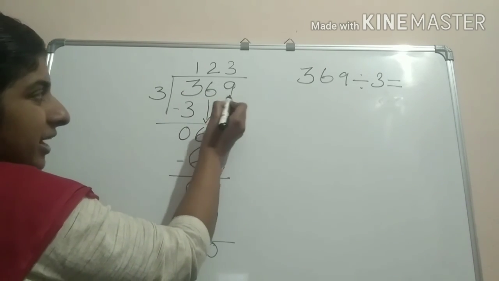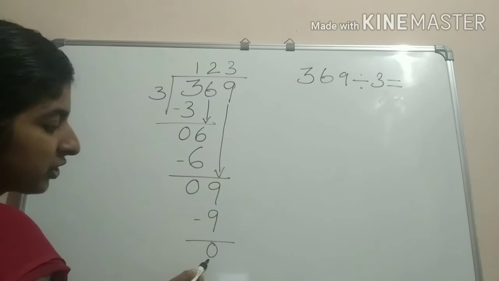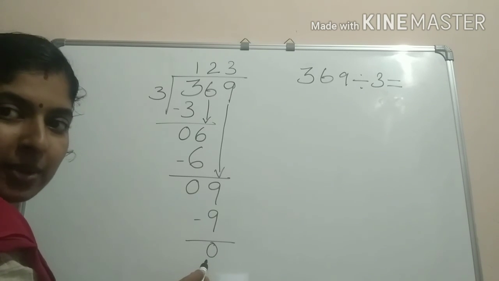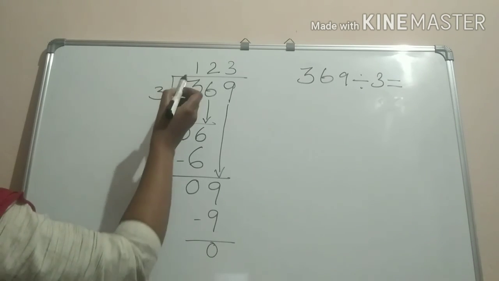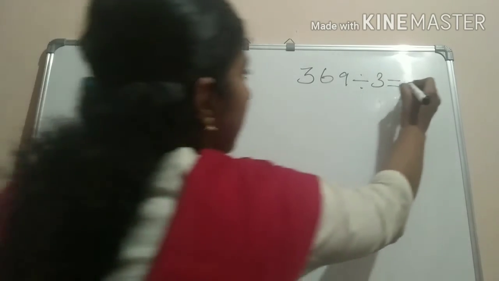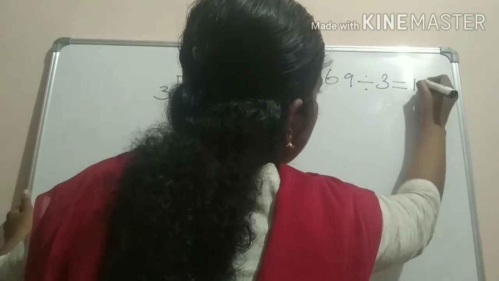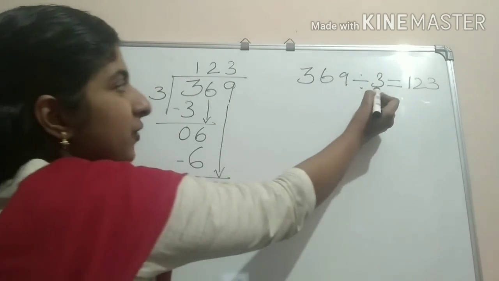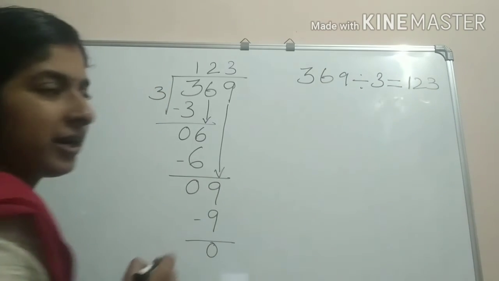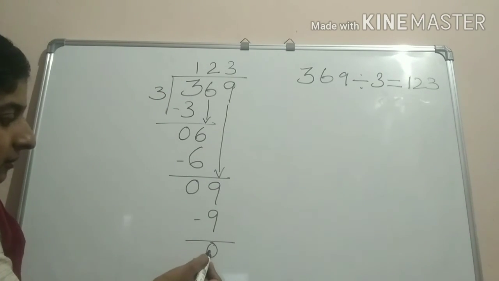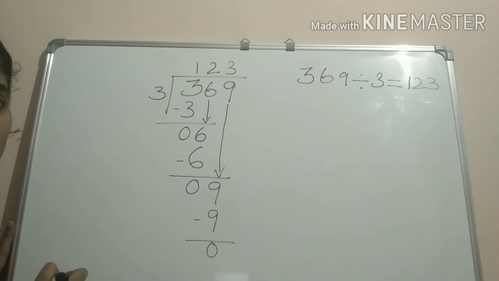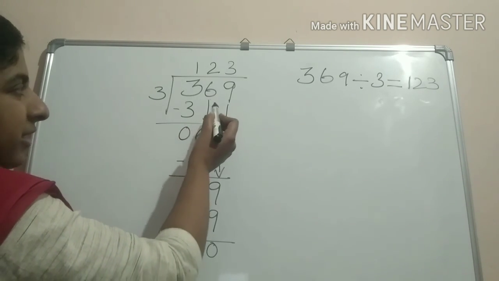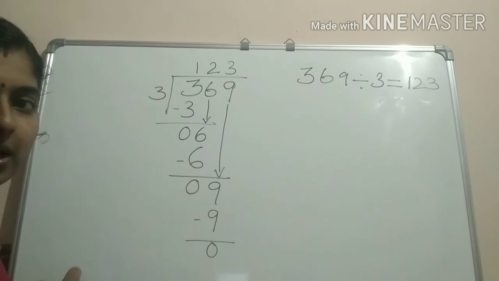So, without regrouping and without a remainder. Okay. So, here the answer is 123. Dividend is 369, divisor 3, quotient 123, and remainder is 0. This is the division without regrouping and without a remainder.